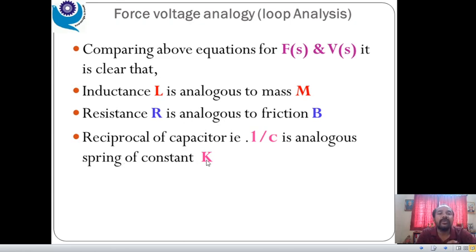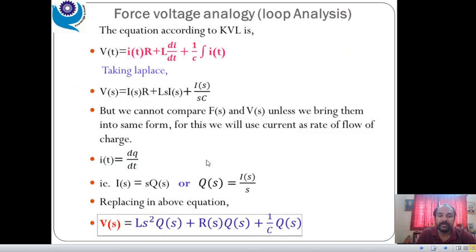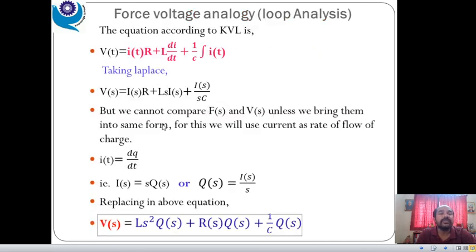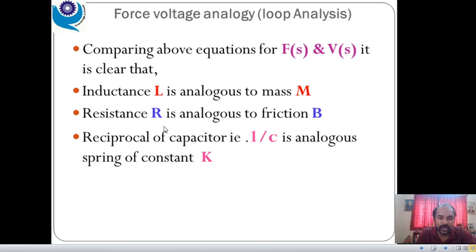This is the analogy, and we can calculate the transfer function. Once we know the transfer function of any circuitry, whatever input we give, we can easily analyze what output we get. So thank you very much.